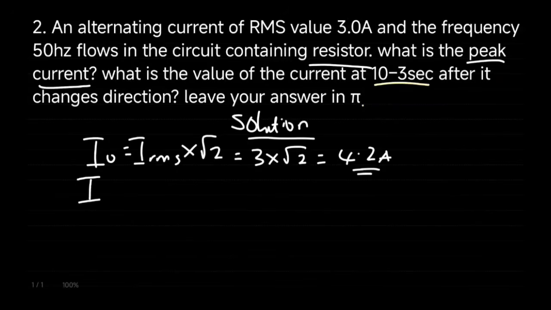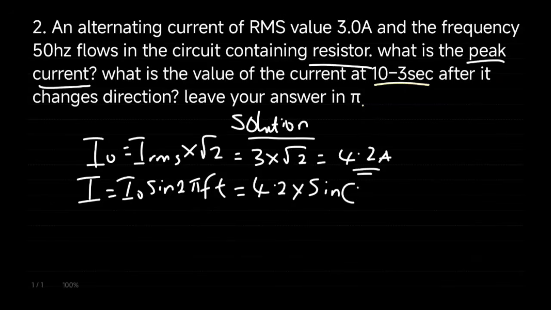My current is therefore equal to I naught sine 2 pi ft, which is equal to 4.2 times sine bracket open 2 times pi. Remember, they say we should leave our answer in pi, times what's my frequency giving us? 50 Hz times what's my time giving us? 10 raised to the power of minus 3 bracket close.